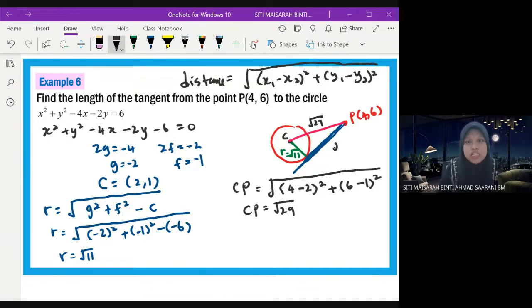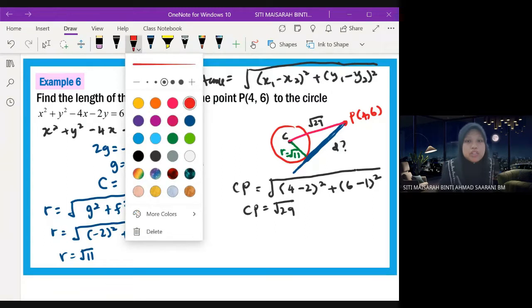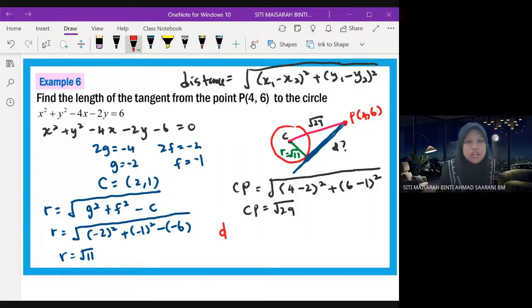So jadi kita nak cari length of tangent D. So jadi kita guna tadilah Pythagoras theorem kita, which is D square sama dengan CP square minus, dekat sini perpendicular, that's why CP square minus R square. So D square equals to square root 29 square minus square root 11 square.